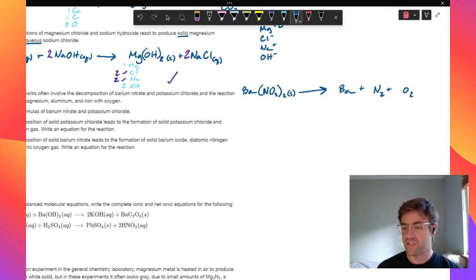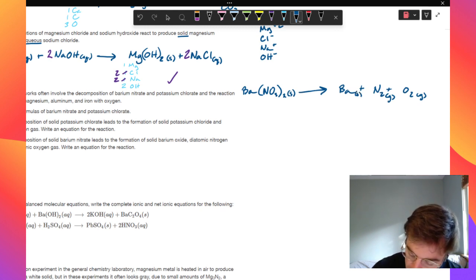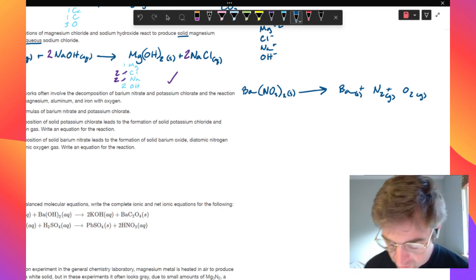So nitrogen and oxygen exist as diatomic gases in their natural states. And so that will be notated like so. And the barium may be left behind as a solid, it looks like.